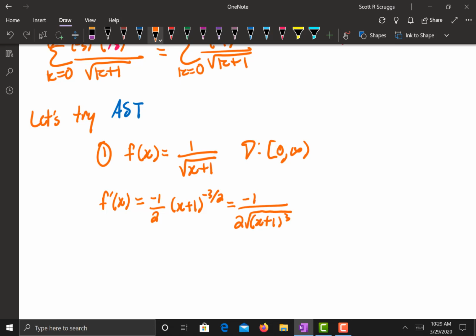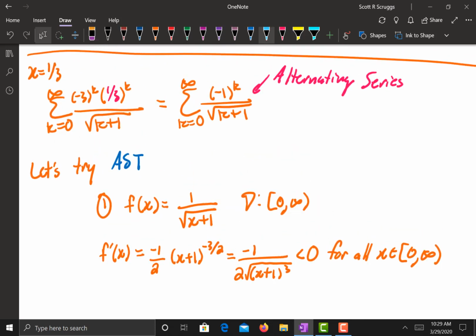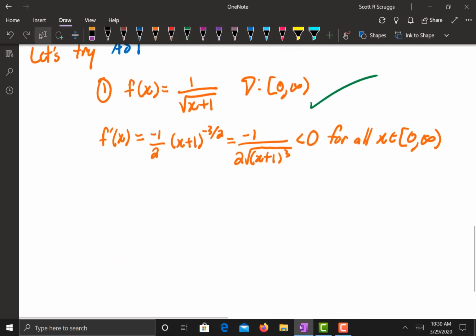And I don't care what number you plug in from my domain, you're going to get a negative number for all x in 0 to infinity, which tells me that the function is decreasing, which tells me that the positive form of the sequence, which is 1 over the square root of k plus 1, is strictly decreasing. So first condition is good to go.